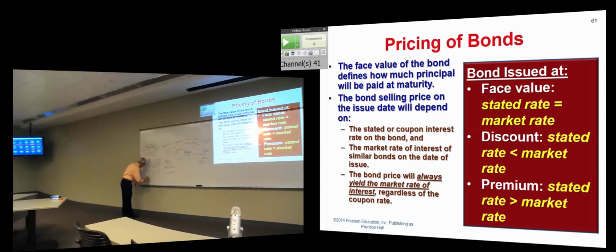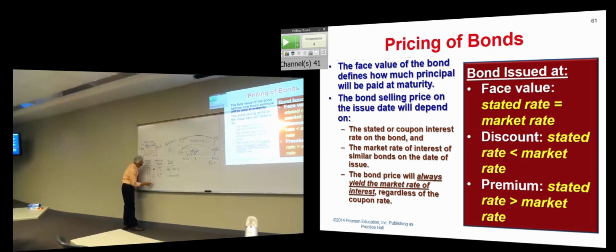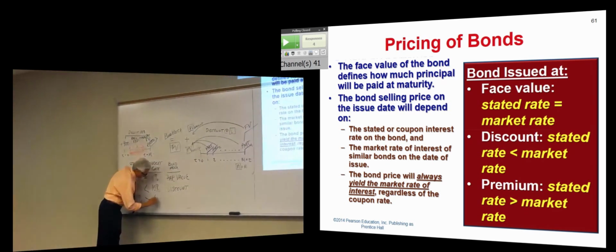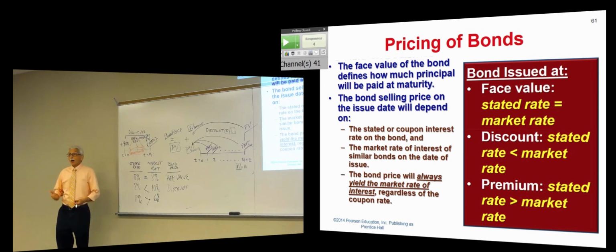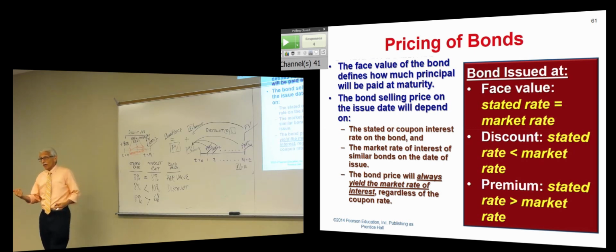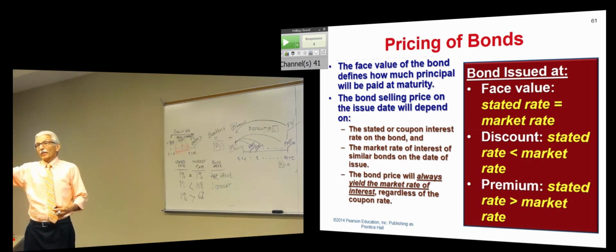What if my bonds offer 8%, anywhere else in the market, you get 6%. What happens? Now all of a sudden you say, hey, wait a minute, I'm getting 8% here. I'll give you 1,010. Somebody says, I'll give you 1,020. The price keeps getting driven up, and an equilibrium is reached.